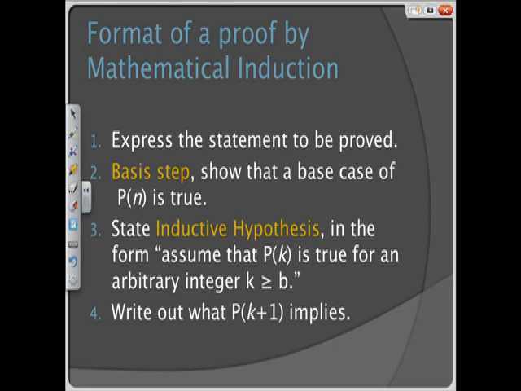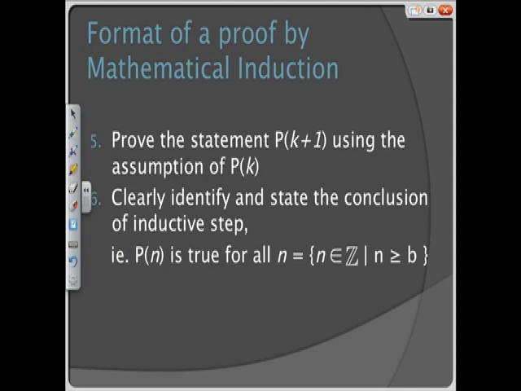Next, write out P of k plus 1 and what it implies. Then prove the statement P of k plus 1 using the assumption of P of k. Then clearly identify and state the conclusion of the inductive step, i.e. P of n is true for all n greater than or equal to b.